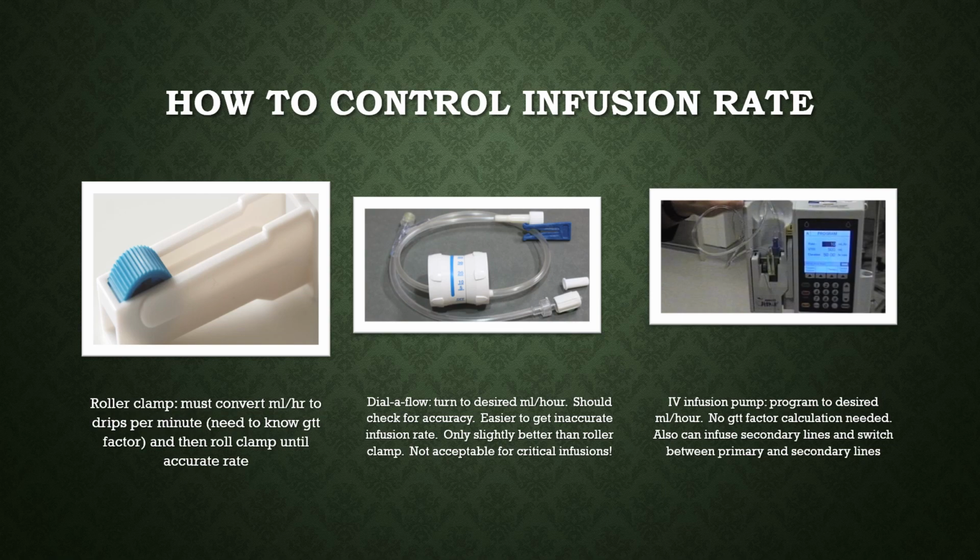When I say 10 drops, I mean 10 drops per mL is your flow rate. Then you have to do a math calculation to figure out that rate. So it can be a little complicated to figure that out.